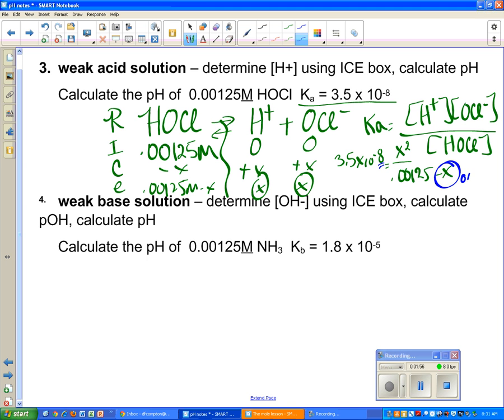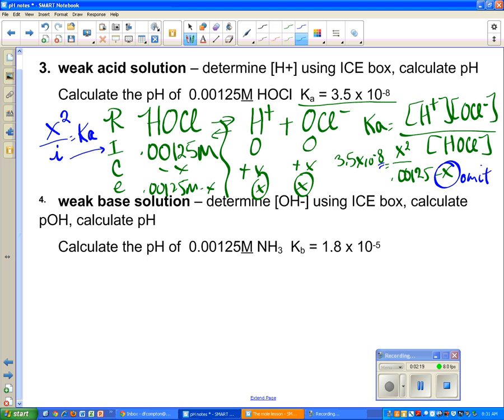So we can omit this, which then makes it very easy to solve. You're going to see that pretty much when I do a weak acid solution, I'm going to do x squared over initial is equal to Ka. And that initial concentration, the I, is going to be the initial concentration of the original acid. So then we can easily plug and solve.